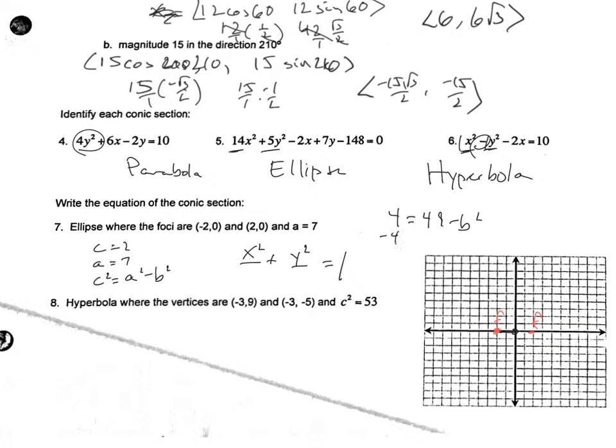And when you subtract 49, you get negative 45 is negative b squared. So b squared is 45. Now, because the focal points run left and right, that means the vertices run left and right. And in an ellipse, a squared is the bigger one. And you can see that 49 is bigger than 45. So underneath the x would go the 49, and underneath the y would go the 45.